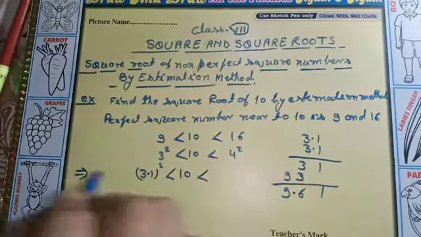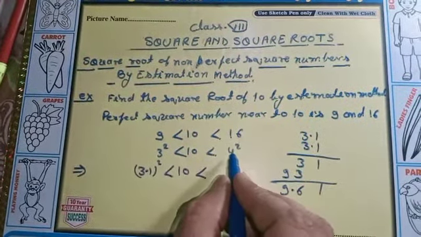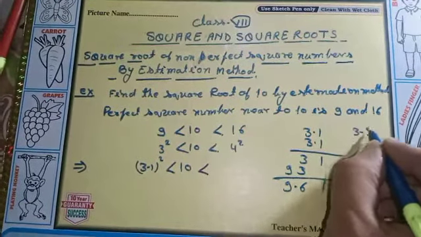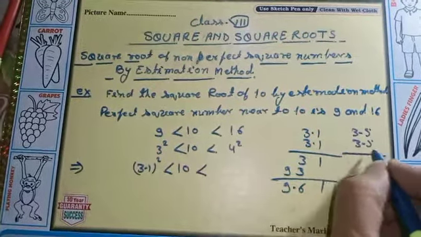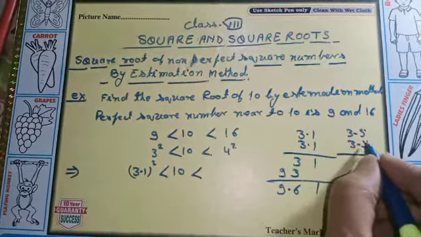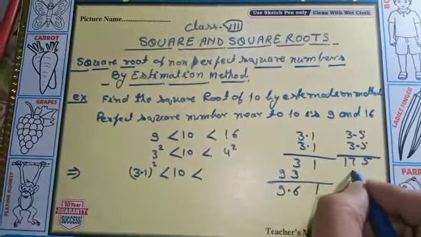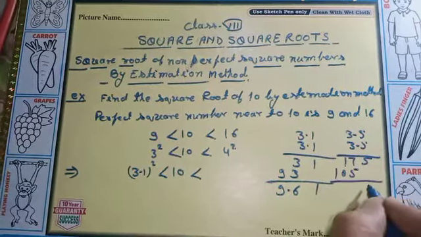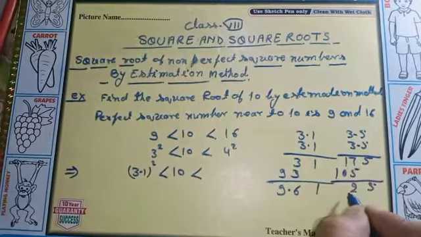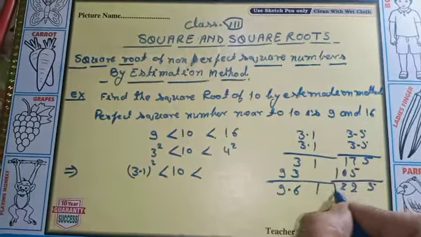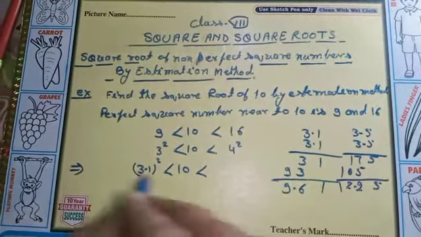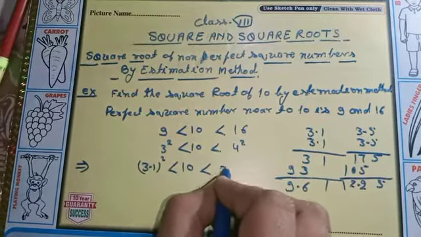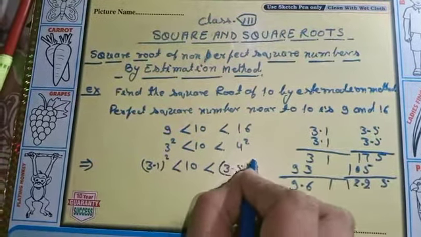Now next, 3.5, the square of 3.5 is 12.25, which is more than 10.